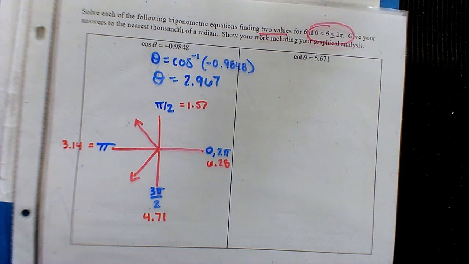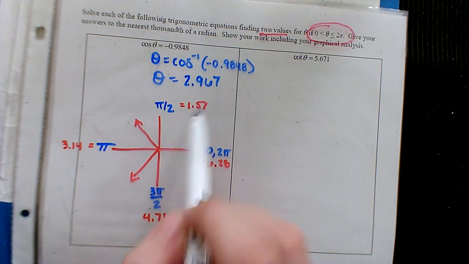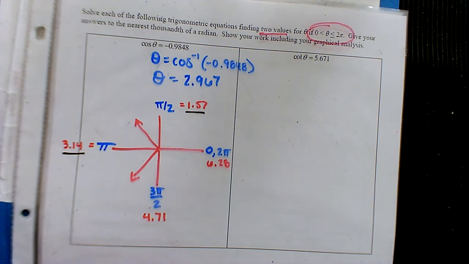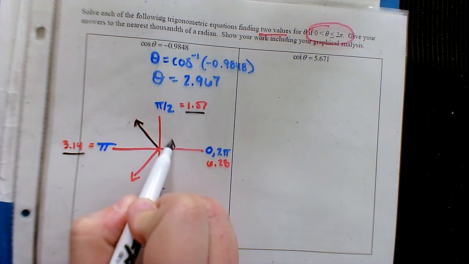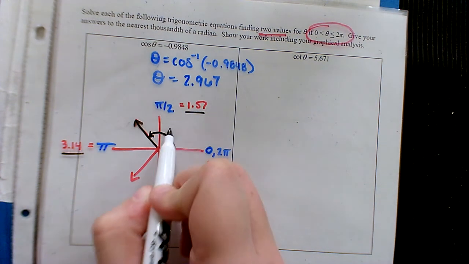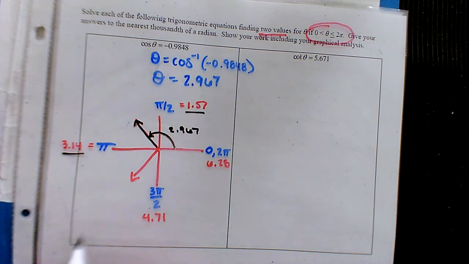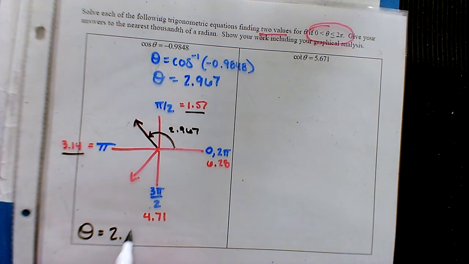How'd you know? Because 2.9 is between 1.5 and 3.4. There we go. Very similar to how we could compare degree measurements, it's the same concept for radians. It's just a little trickier because now we have decimals to compare. So this angle measurement, if you were to start on the right-hand side and travel all the way over, would be 2.967. So there's one theta value.